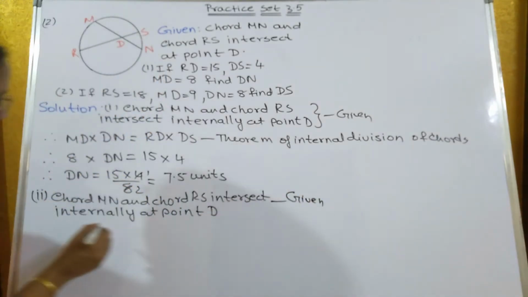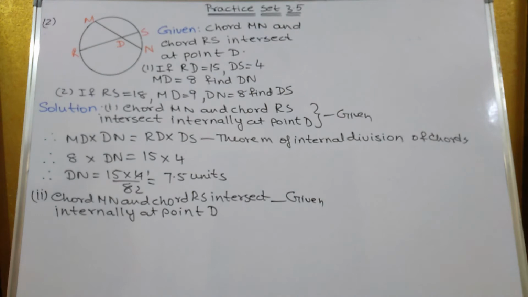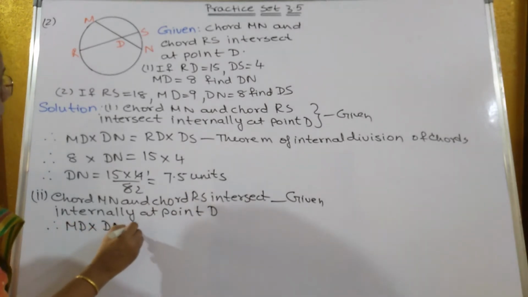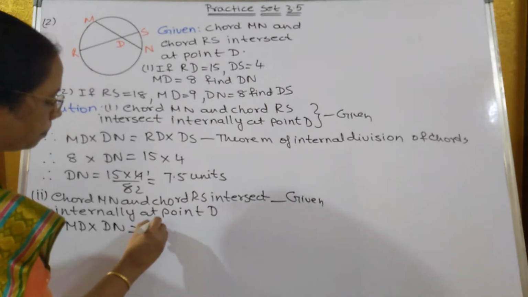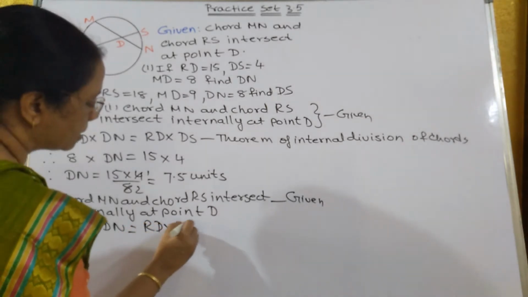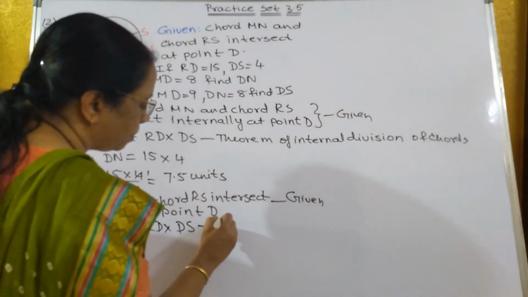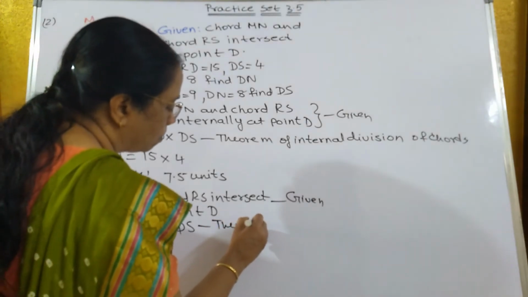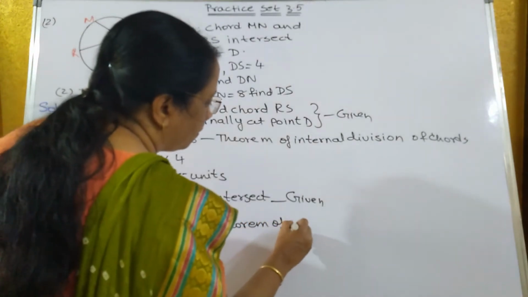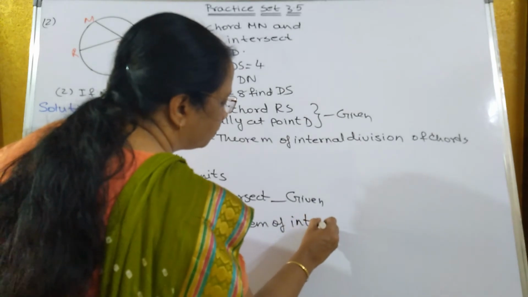Therefore, again, here we will take RD. Let RD be equal to X. Now first we will write down the formula. Therefore, MD into DN is equal to RD into DS. Reason same, theorem of internal division.